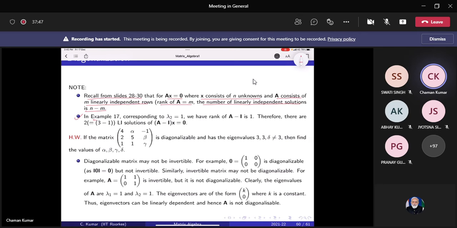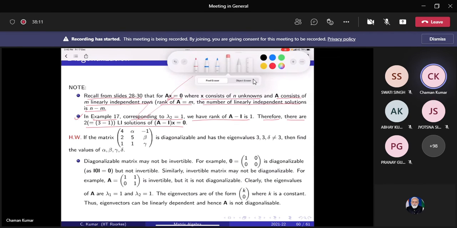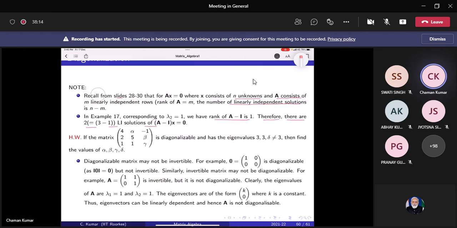So from example 17, corresponding to the eigenvalue lambda is equal to 2, the rank of A minus I is 1. Therefore, there are two linearly independent solutions. This is just a revisit of the things that we have done. You can read this. I've written some points in bullets for you to keep in mind. And then you have this homework that you can do.